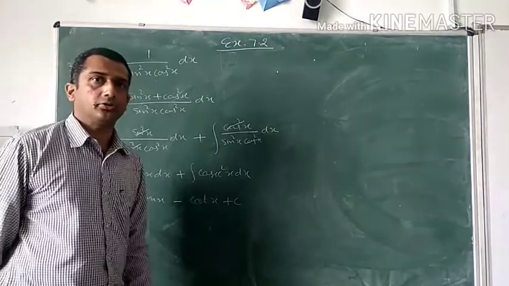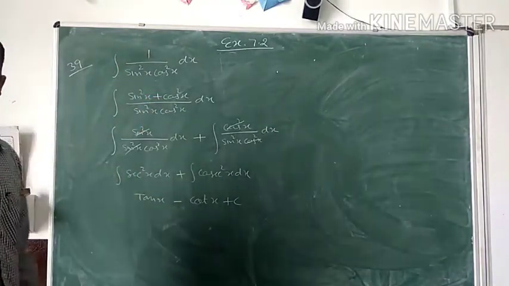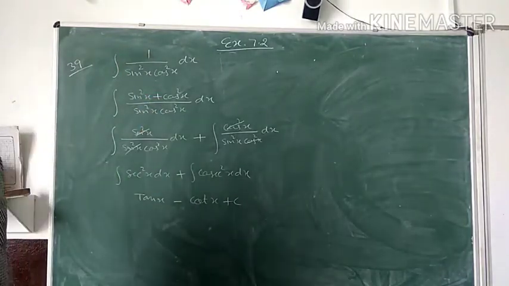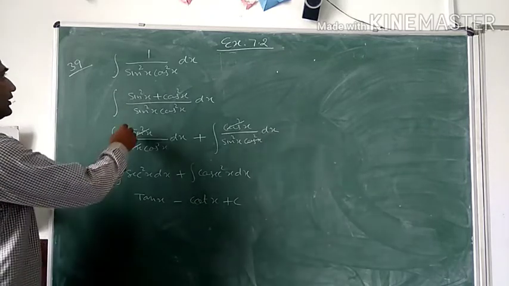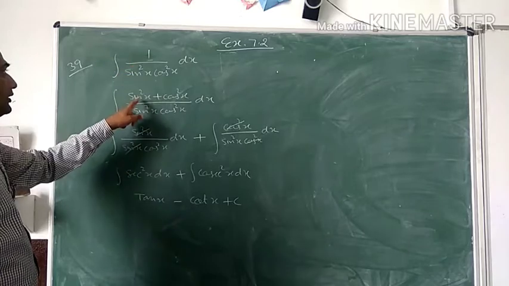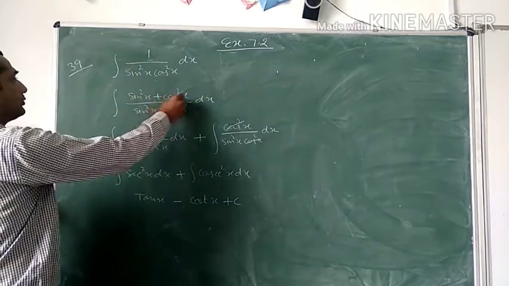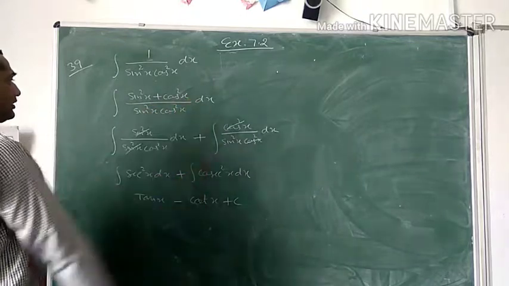Students, last question of this exercise is question number 39. Integrating 1 over sin square x cos square x dx. You can write 1 is equal to sin square x plus cos square x. So sin square x plus cos square x over sin square x cos square x dx.